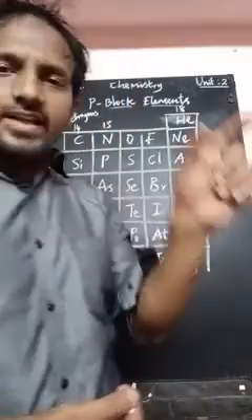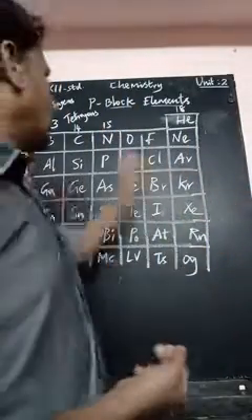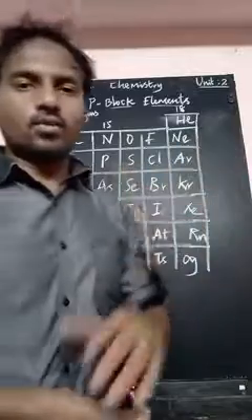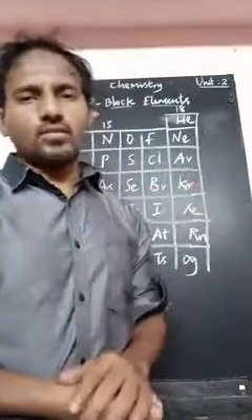And group 14 elements are called tetragens, as they have 4 valence electrons.